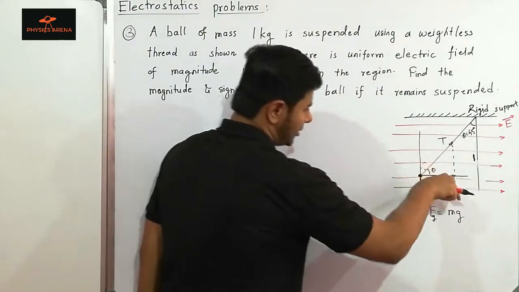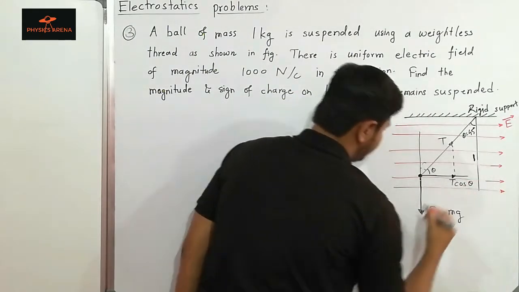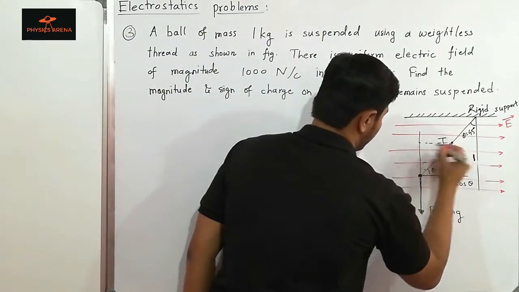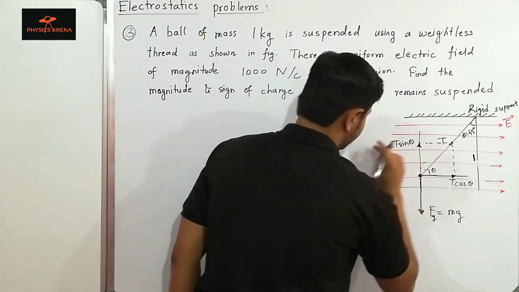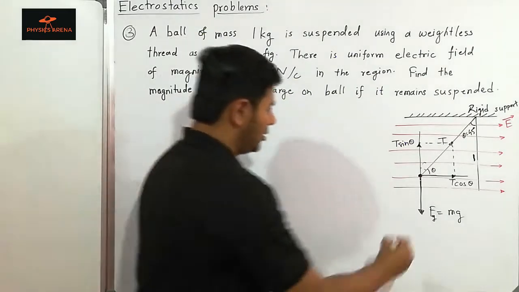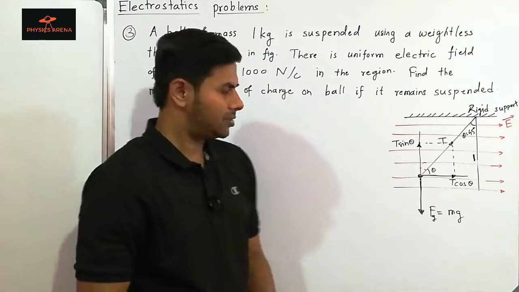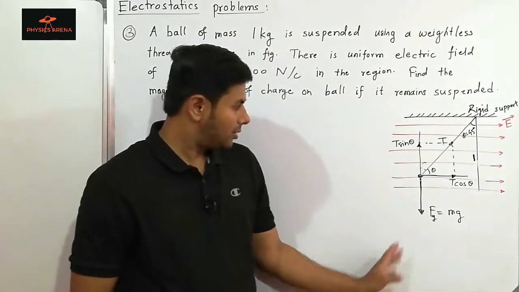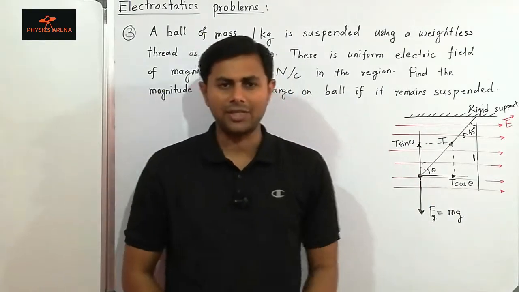So this component is T cosine theta, and we have this another component, T sine theta. Now if this ball remains in equilibrium, then there should be equilibrium in vertical as well as horizontal directions.